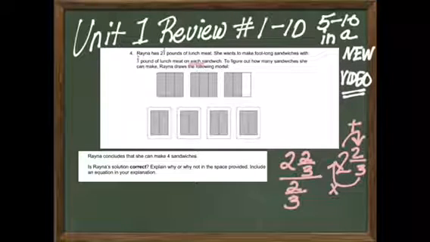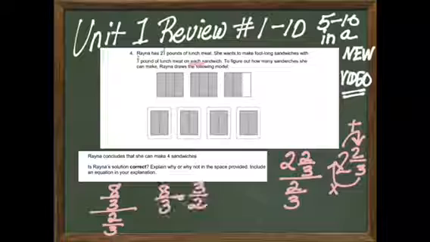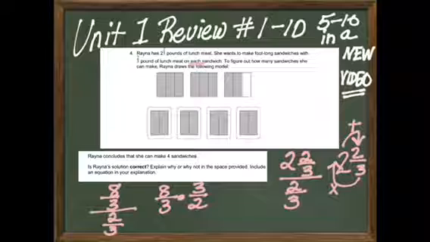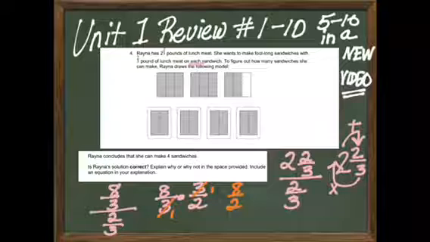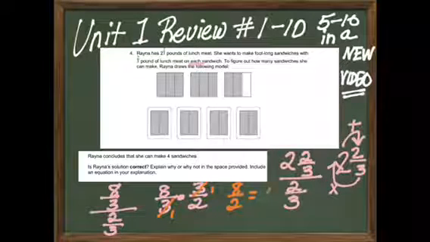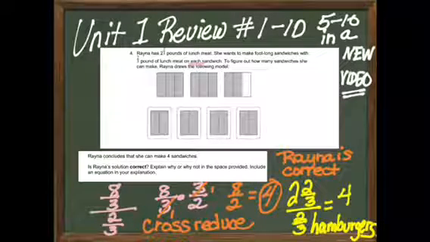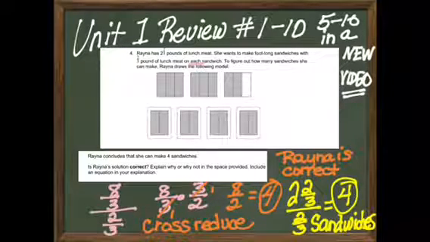So 2 2/3 as an improper fraction is 8/3 being divided by 2/3. 8/3 times the reciprocal of 2/3 is 8/2, and that can be simplified to be 4. 2 2/3 divided by 2/3 again equals 4 sandwiches.